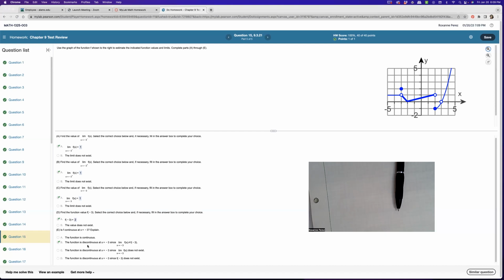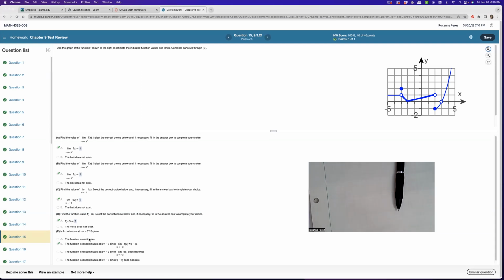The function is discontinuous at x equals -3 because the limit of f of x as x approaches -3 is not equal to f evaluated at -3. The limits for parts A, B, and C don't equal the actual value of the function when it is evaluated at -3.